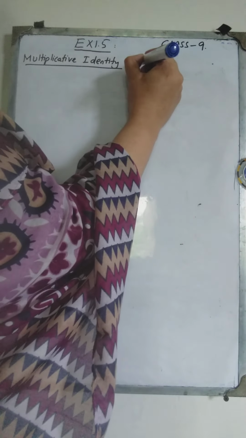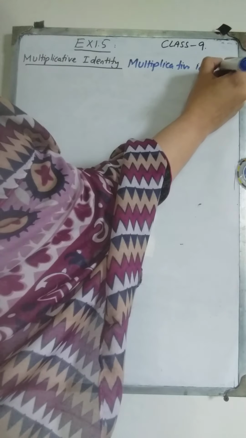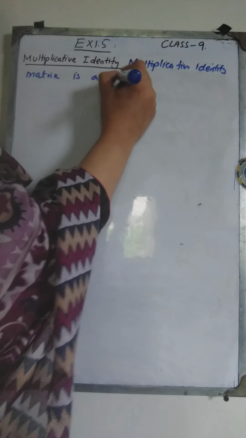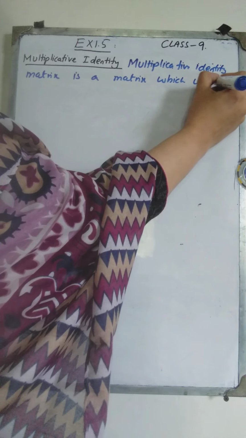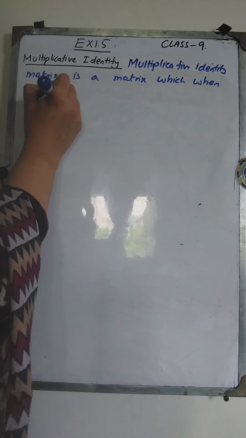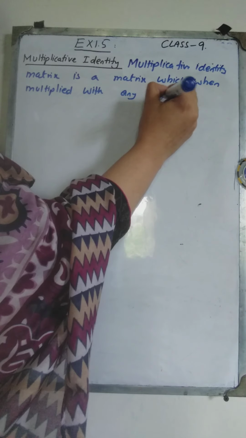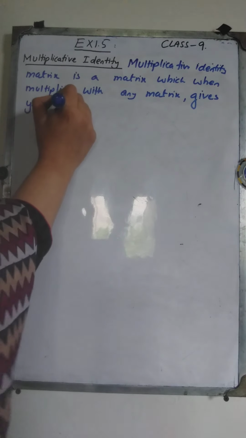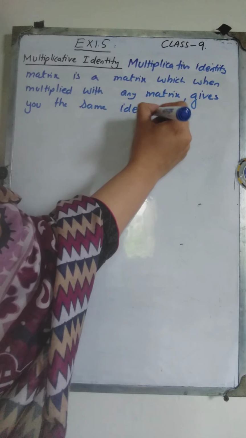In matrices, the multiplicative identity is a matrix which, when multiplied with any matrix, gives you the same identical matrix.